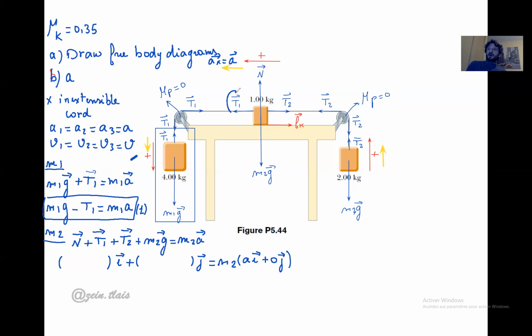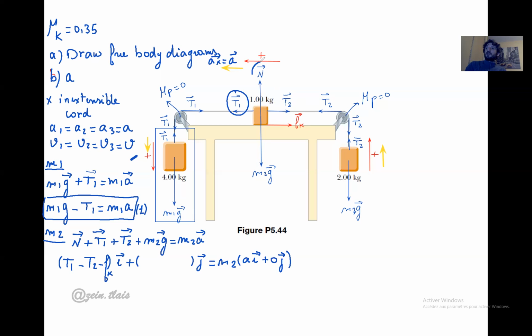Okay, what do we have in the i direction? We have T1 in the positive direction. So T1, T2 in the negative direction, so minus T2. And we have F kinetic in the negative direction, so minus F kinetic.